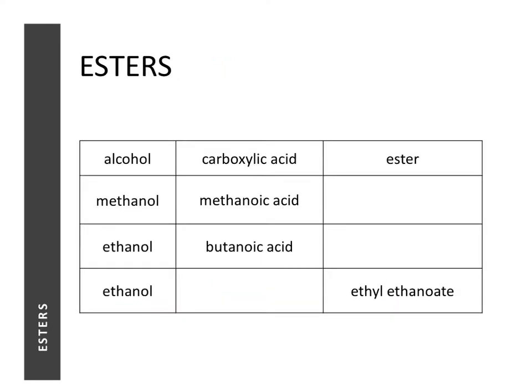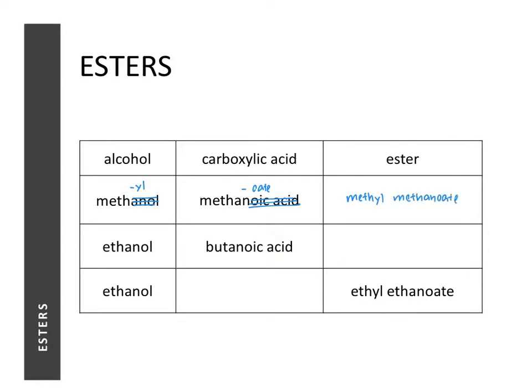Now let's practice. We have a few more examples. The ester that is formed from methanol and methanoic acid: we replace the suffix of your alcohol with YL, and we replace the suffix of your acid with OATE. So the name for the ester is methyl methanoate.